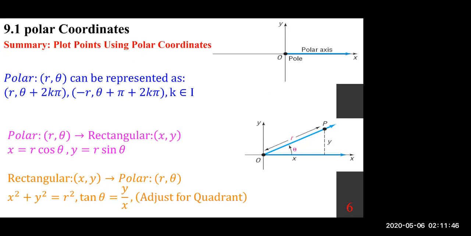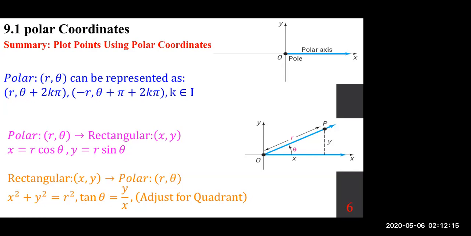So let's just quickly go over that, making sure everybody is following what's happening. Everybody knows what's a rectangular coordinate system. In rectangular coordinate system, you have x comma y. So every point can be known with a unique x comma y.